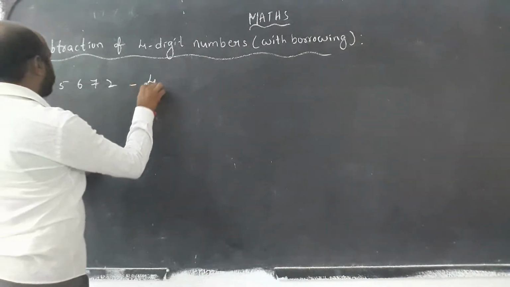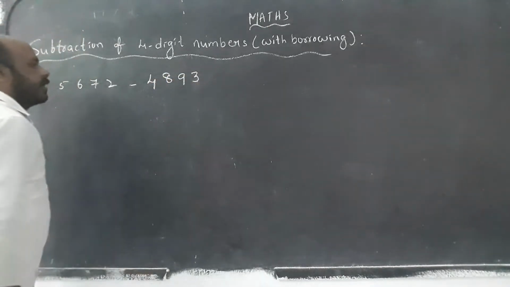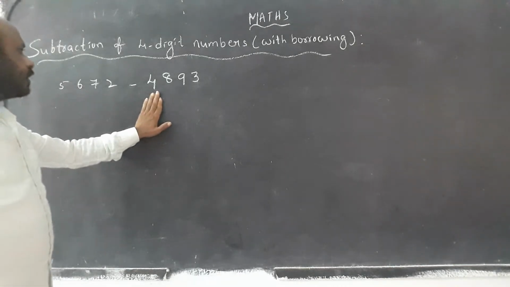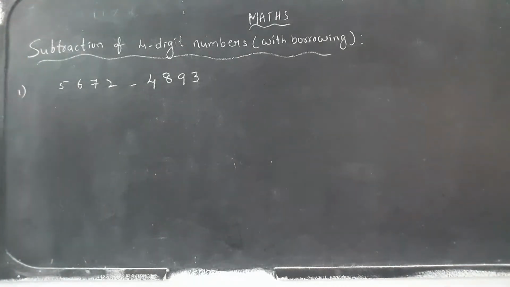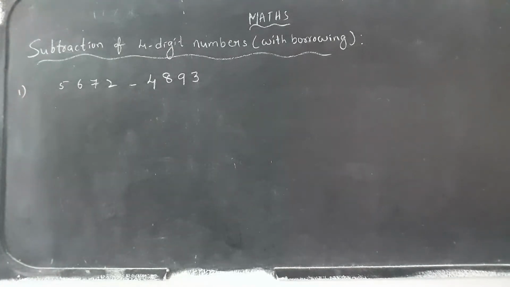In this, we have to subtract 4893. So 5672 minus 4893. Here, only the horizontal method is given.